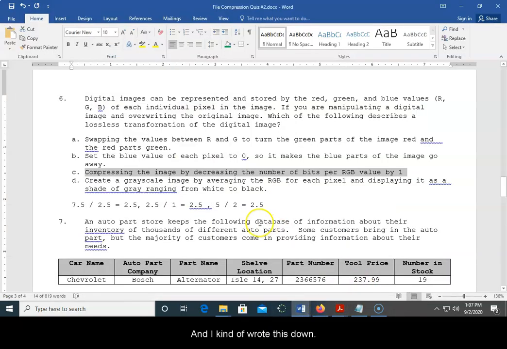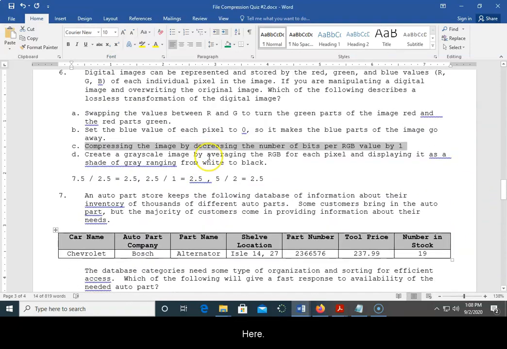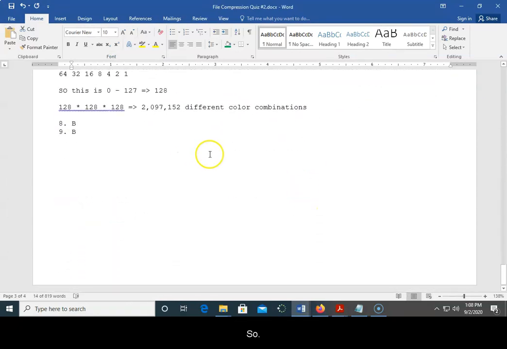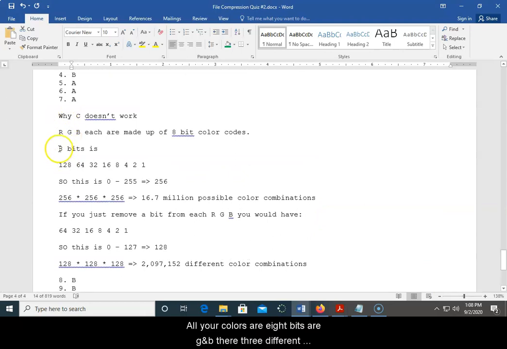And I kind of wrote this down here. So all your colors are 8 bits, R, G, and B. They're 3 different 8-bit color codes, okay? So 8 bits is 1, 2, 4, 8, 16, 32, 64, 128, which comes out 0 to 255.